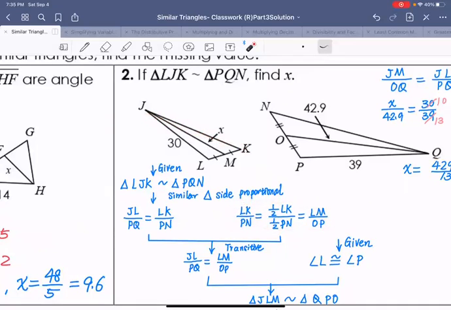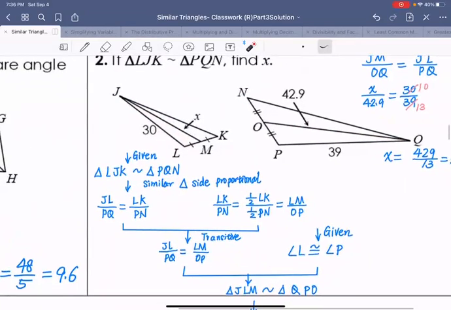LK over PN equals 1/2 LK over half PN equals LM over OP. Okay, what happened here? LK is this guy. PN is this guy. This guy over this guy equals LM over OP.